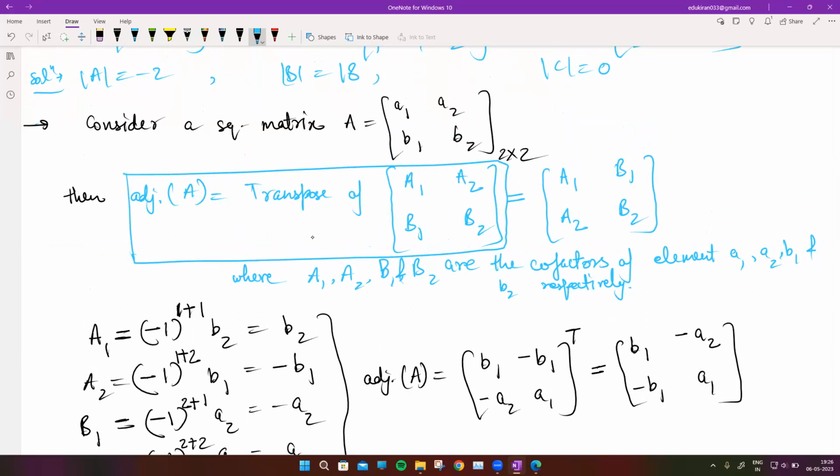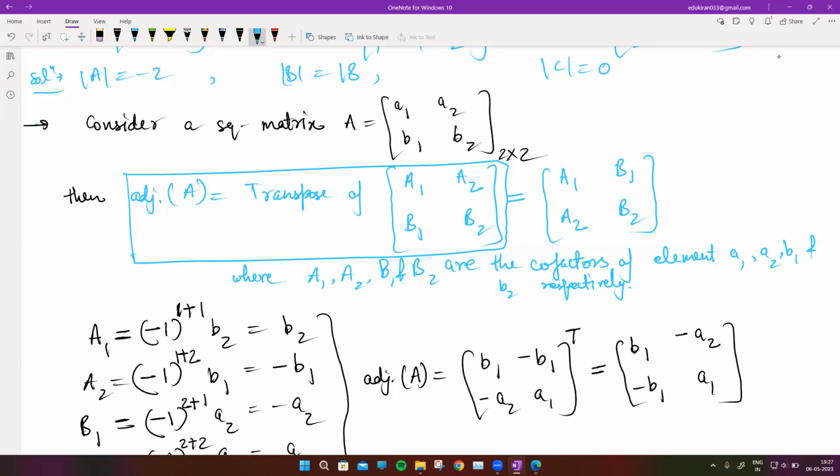Using this formula, you can find the adjoint for everyone. But for 2 cross 2, it is rather simple. So let's start with the initial matrix A. Initial matrix was A1, A2, B1, B2, right? Now observe the adjoint. What is the adjoint matrix? Adjoint matrix, final matrix, is this B1, A1, right?